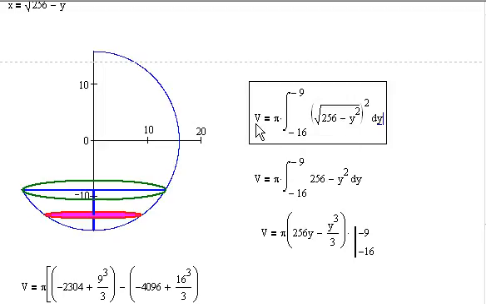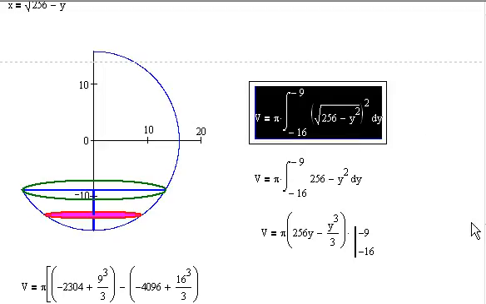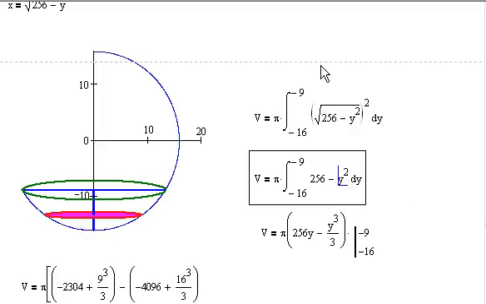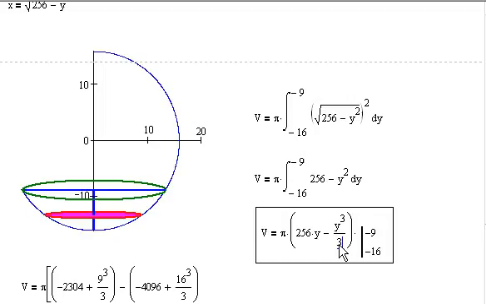And so I think you can see why that is the formula that gives us exactly the volume we seek. And it turns out that when you square the square root, the integration becomes real nice. The integral is 256y minus y cubed over 3. And we need to evaluate that at -9, and subtract the answer when we evaluate it at -16.